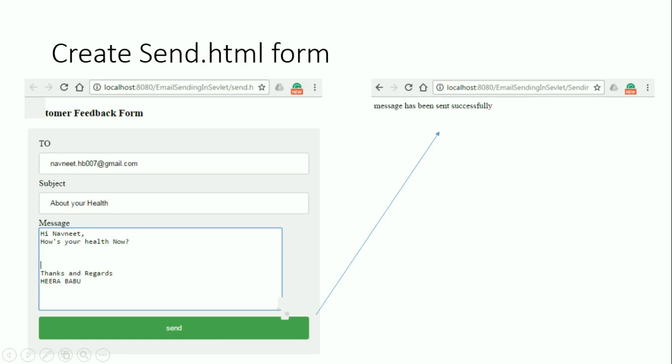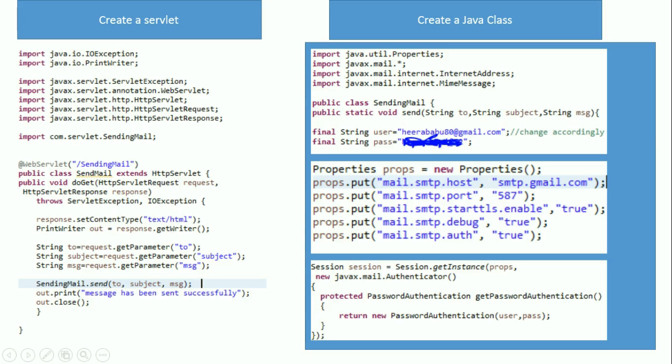When I press the send button, I will get a message like this, and this is happening on localhost. I suggest that you first create an HTML form, and then create a SendMail servlet. You will pass three parameters from the HTML form, named to, subject and message, and you will get all the values in the variables to, subject and message.